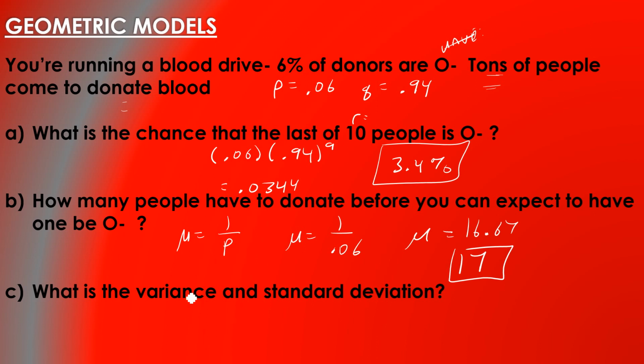And again, asking what is the variance and standard deviation. So our variance is going to be q over p squared from our formulas from the beginning. So that's going to be 0.94 over 0.06 squared.